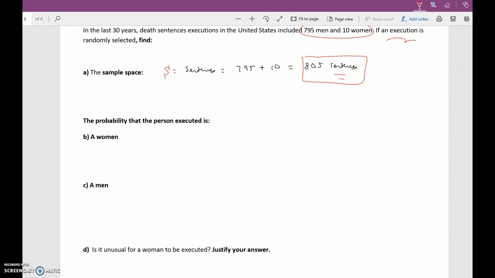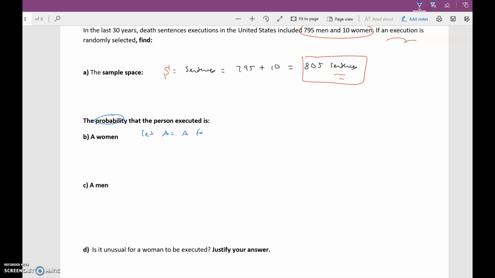Now, for the next one, they're looking at the following. They want us to find the probability that the following is going to occur. So in this case, let A be the event that a female is executed.